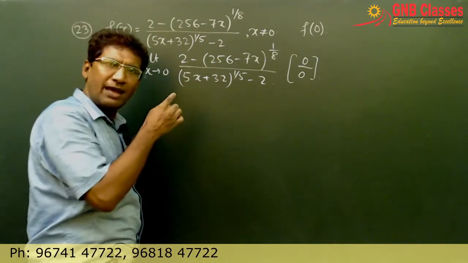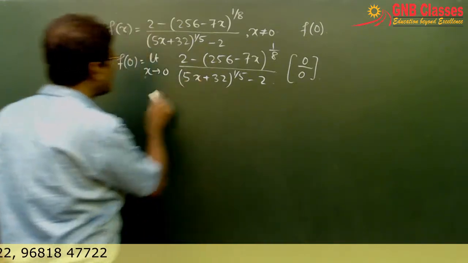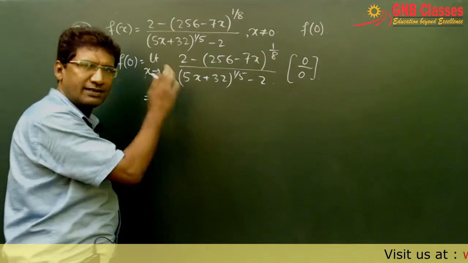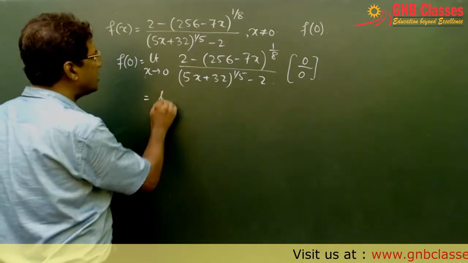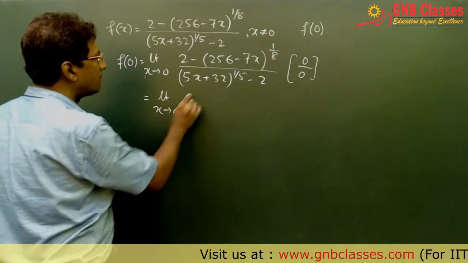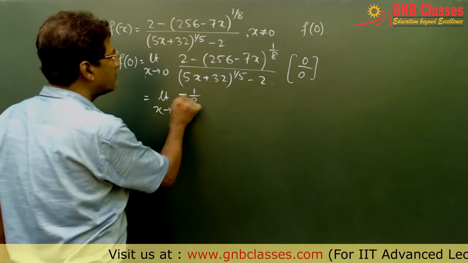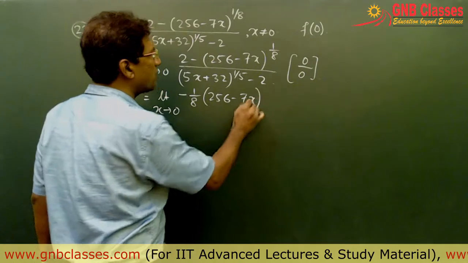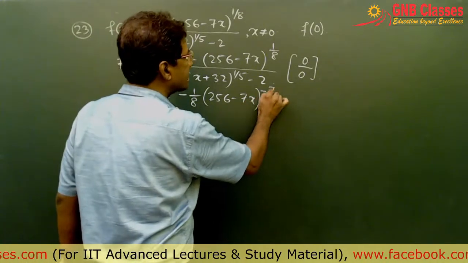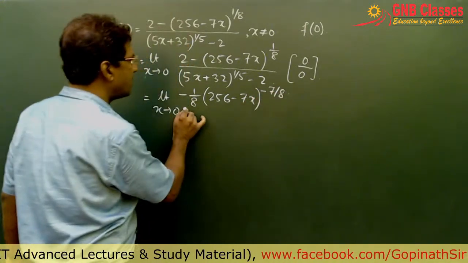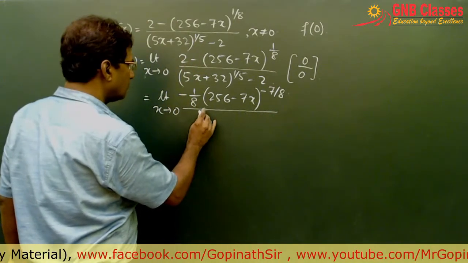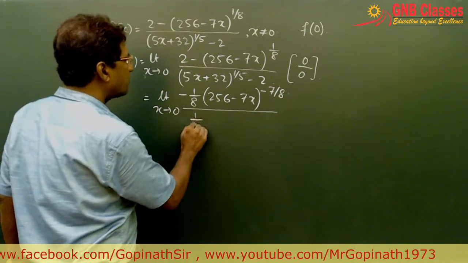So we can apply L'Hopital's rule. What we are doing here is differentiating the numerator and denominator separately. In the numerator, 1/8 times (256 minus 7x) to the power minus 7/8.